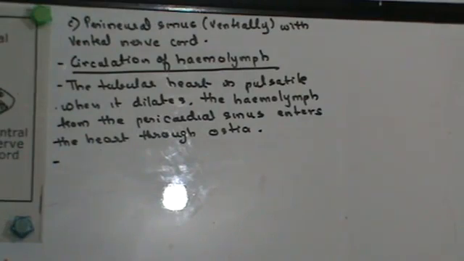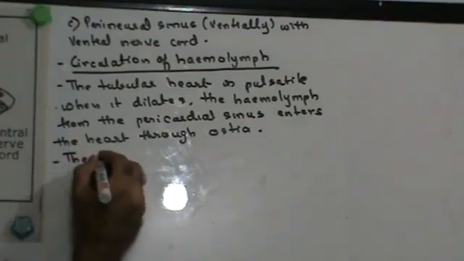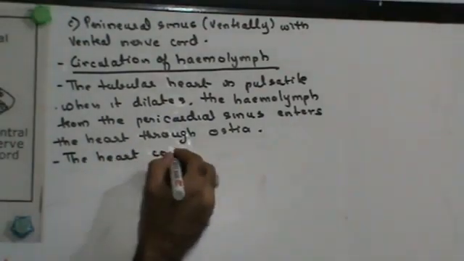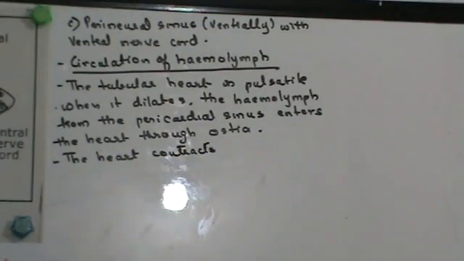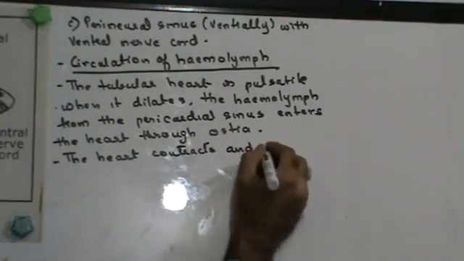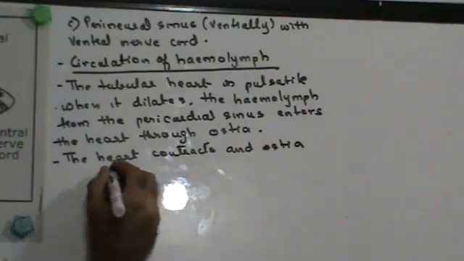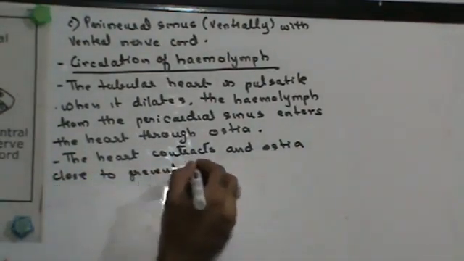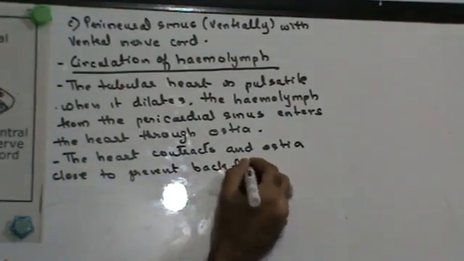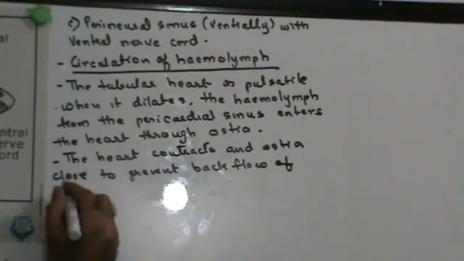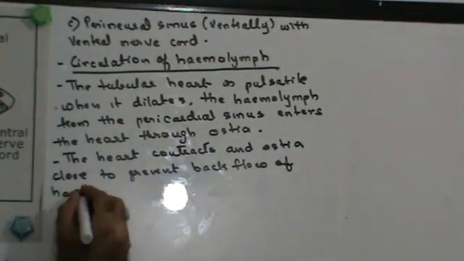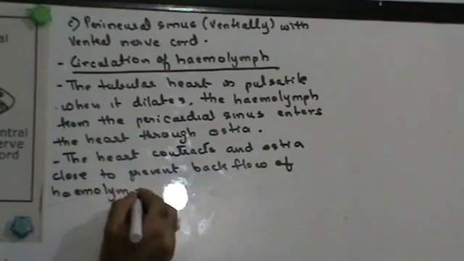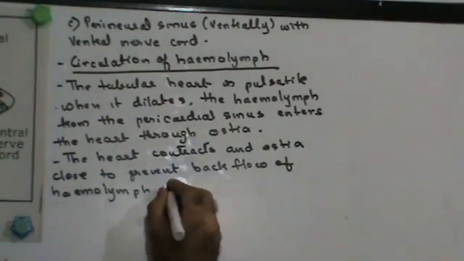Once the hemolymph is in the heart, then the heart contracts and ostia close to prevent backflow of hemolymph to the pericardial sinus.